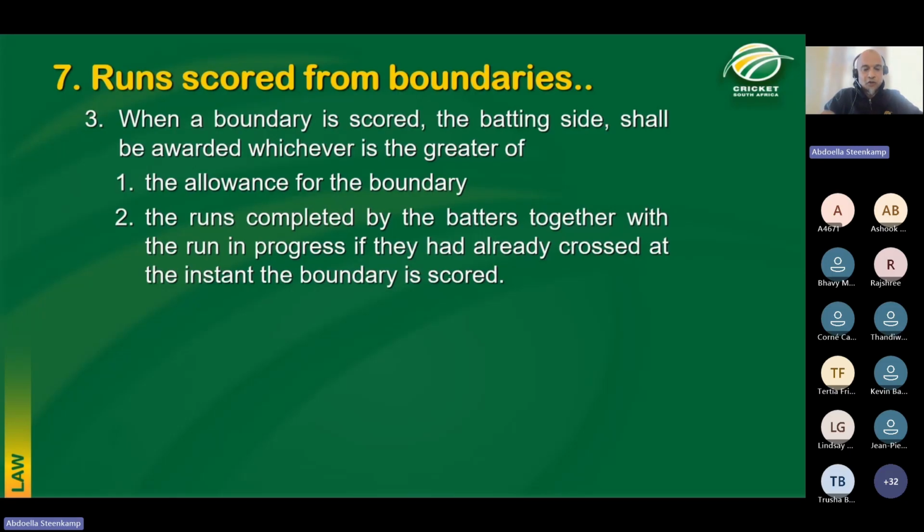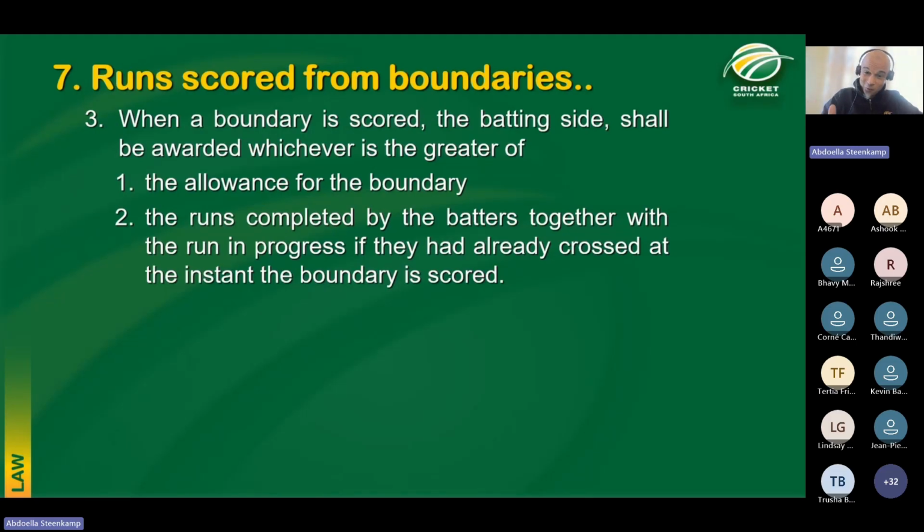So to give you an example of how 7.3 works, and you'll find this on those huge fields, let's say the ball gets hit by the striker towards the cover boundary and they start running. As the ball is trickling towards the boundary, the batters complete 1, then 2, then 3, then 4.